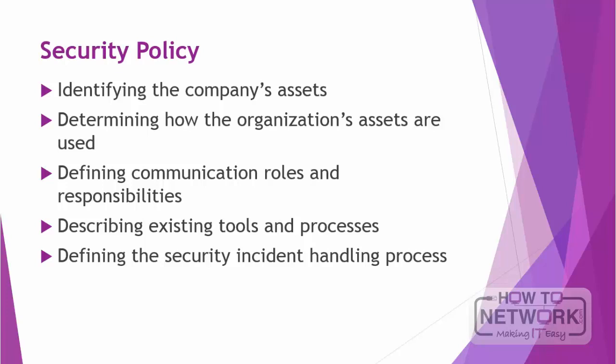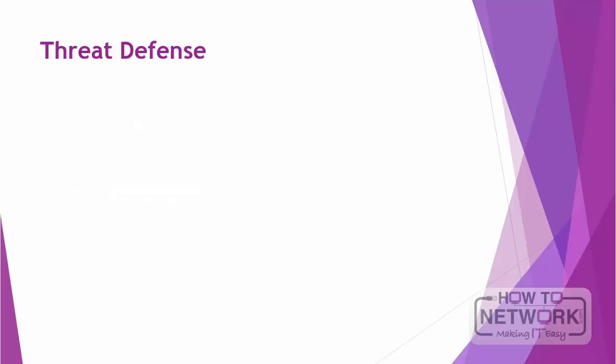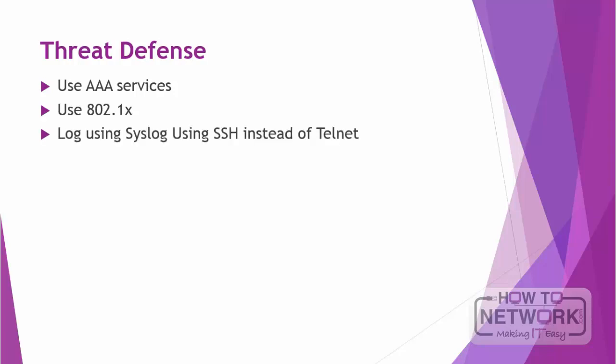Some of the best practices for protecting the network infrastructure through trust and identity include the following: use AAA services with the Cisco ACS server, use 802.1x port authentication, and logging using syslog and SDEE.